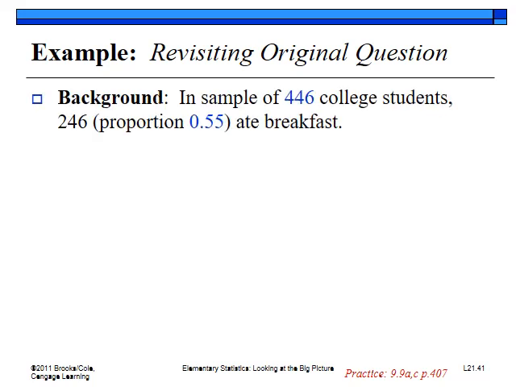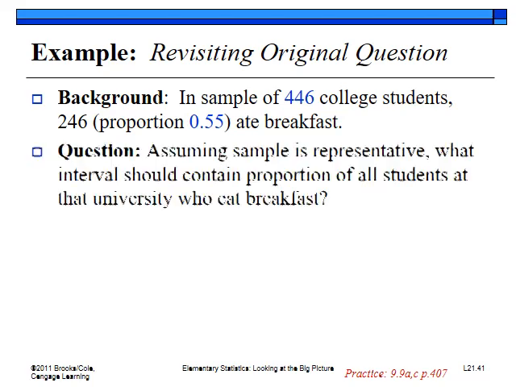So back to the breakfast question. Remember that we had 55% of our sample of 446 college students eating breakfast the morning of the survey. Assuming this is a representative sample, what would be the correct confidence interval for the proportion of all students at that university who eat breakfast?